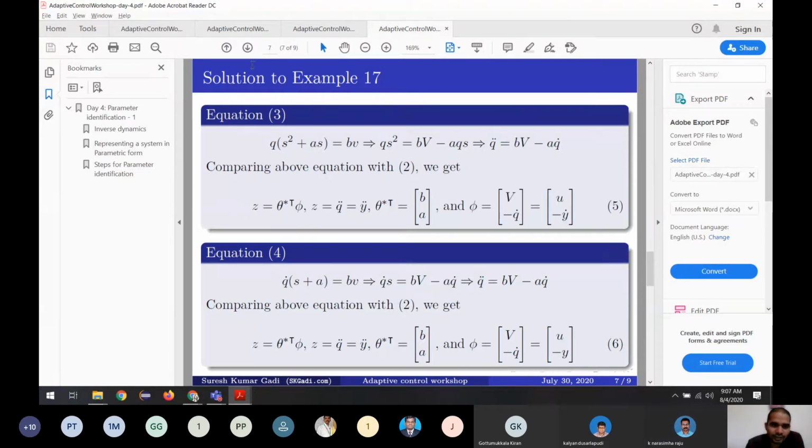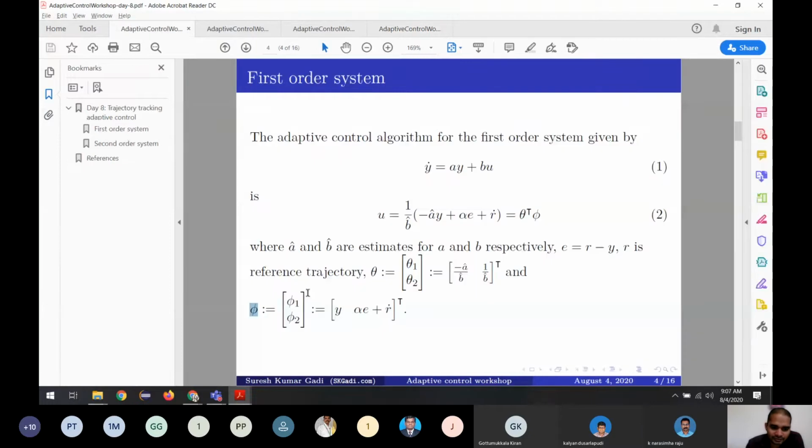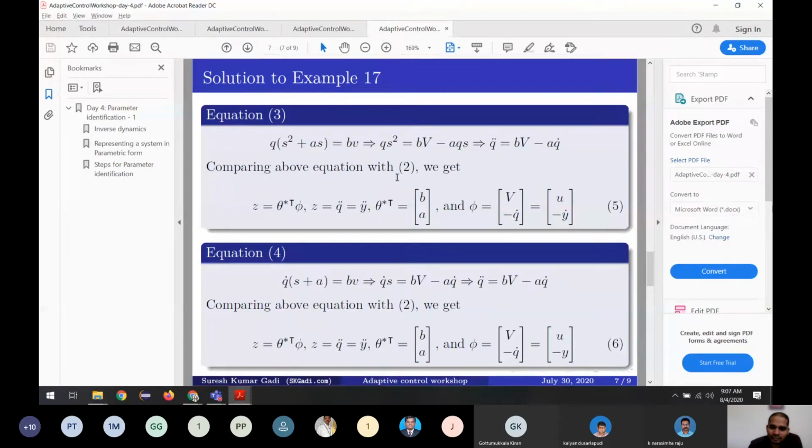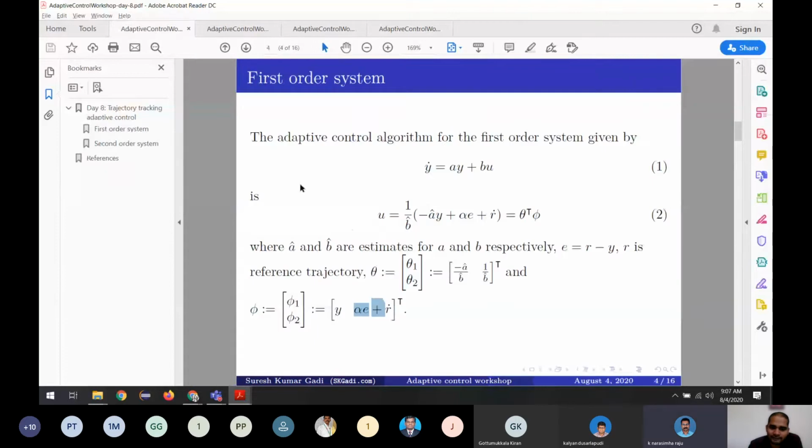But now it is the output, and the output is the Q, you can say, and the reference is also entering into the phi, and also the error between the reference and the output. So I say it is similar because we are using the same kind of parametric model and all, but it is not applied to the system. It is applied along with the control algorithm.